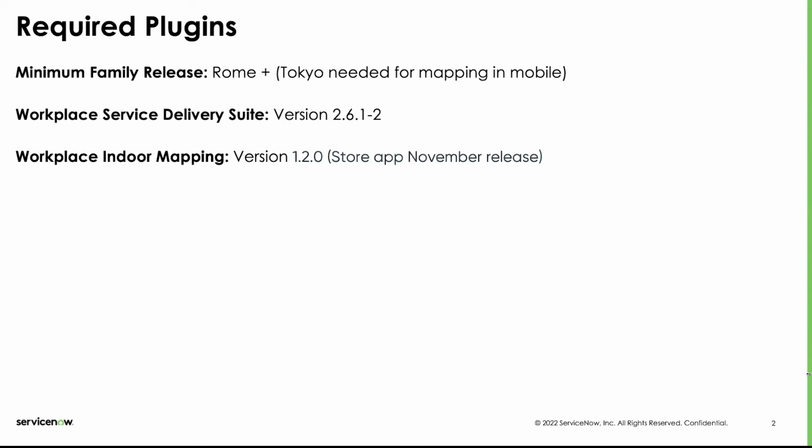There are some specific dependencies that have been called out. For example, you need to be on Tokyo for using indoor maps on mobile. But outside of it, Rome and onwards, you should be able to directly update your plugin and get the newest features.